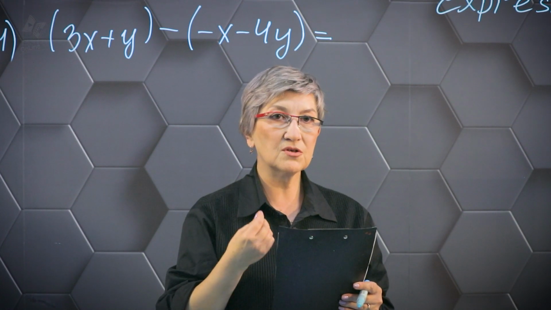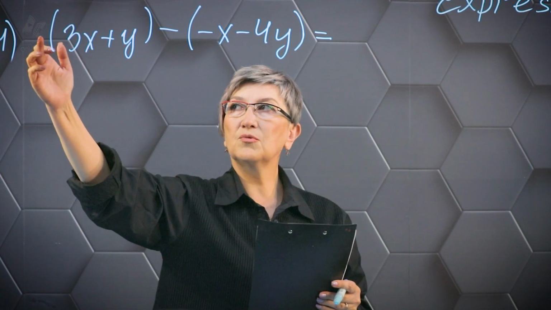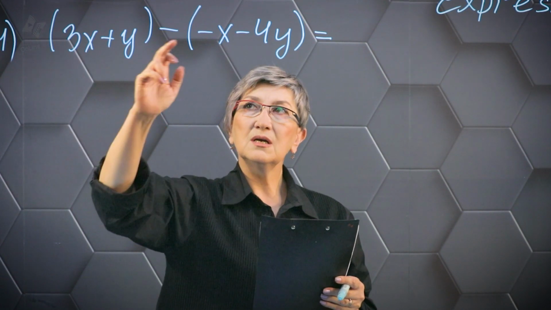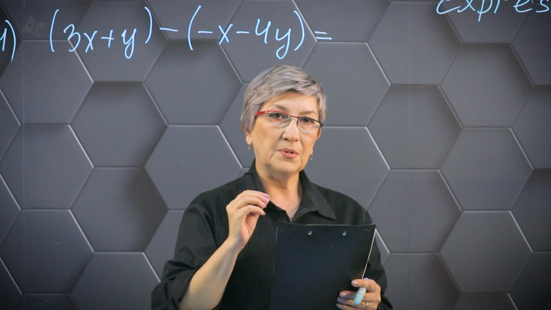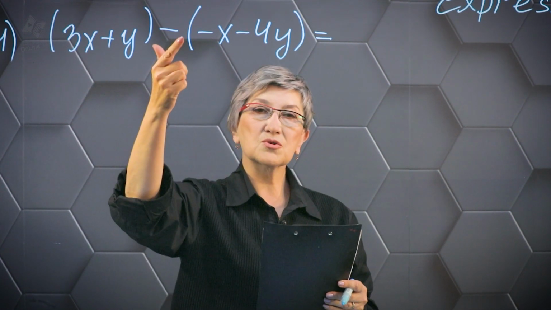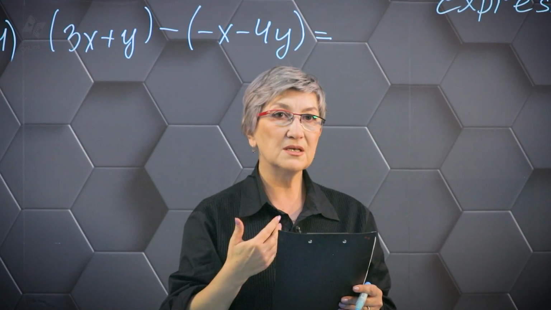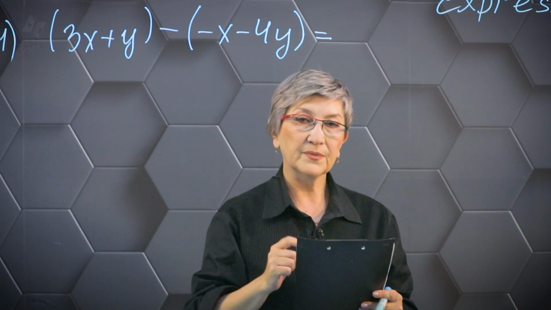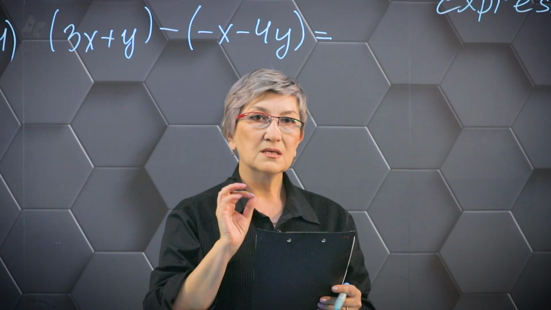There is no number. And we can apply the rule when we see a plus sign before the parenthesis and when we see a minus sign before the parenthesis. In principle, we can apply another rule and put the number 1 in front of the parenthesis and then apply the distributive property. But we apply the rule where the parenthesis is preceded by a plus or minus sign.